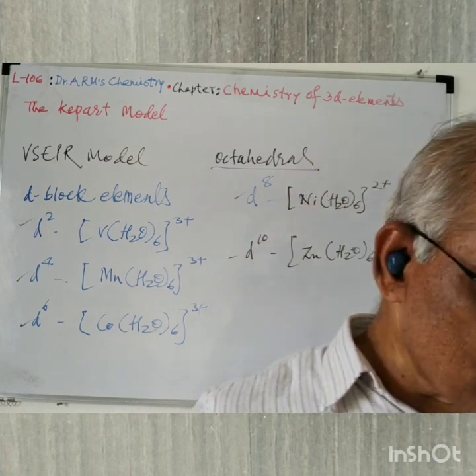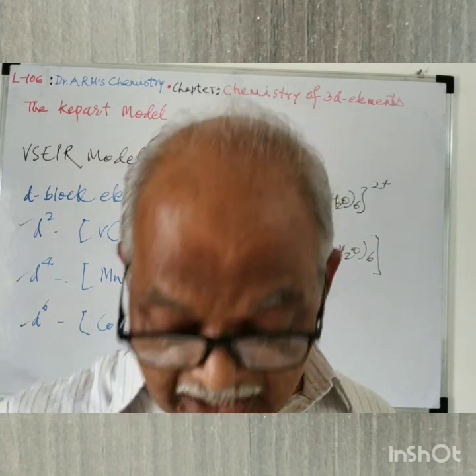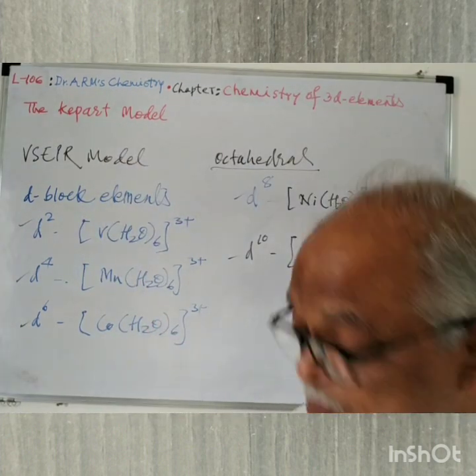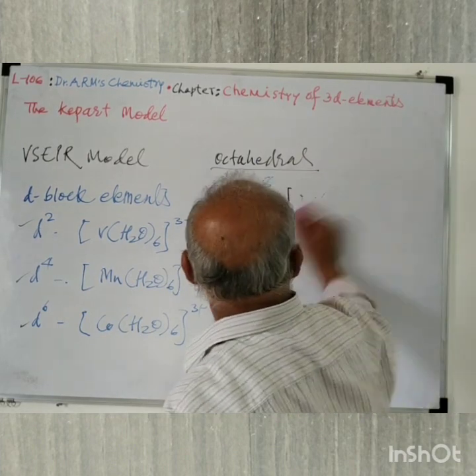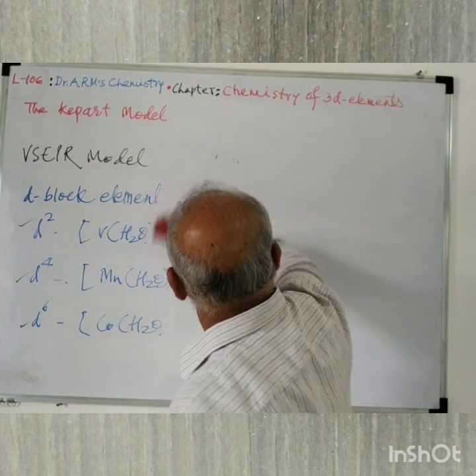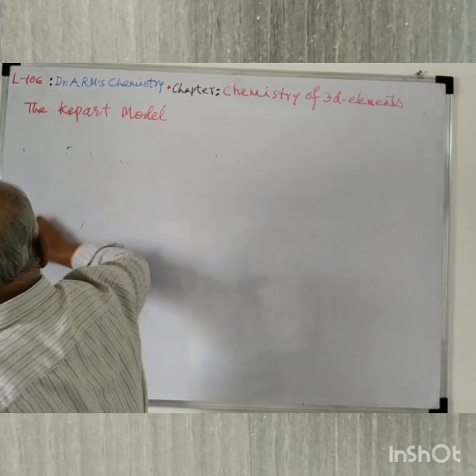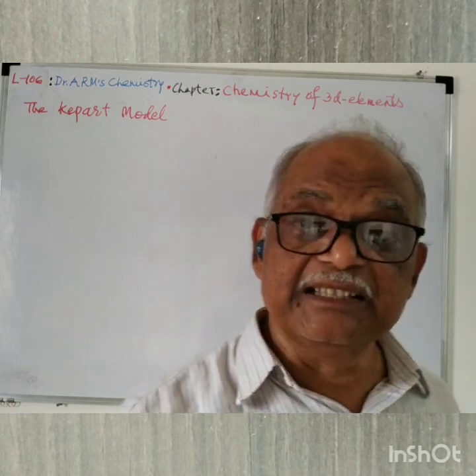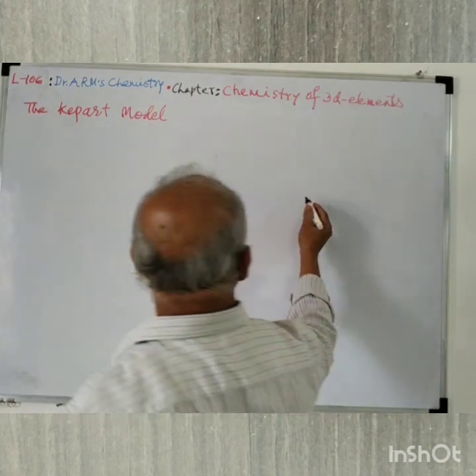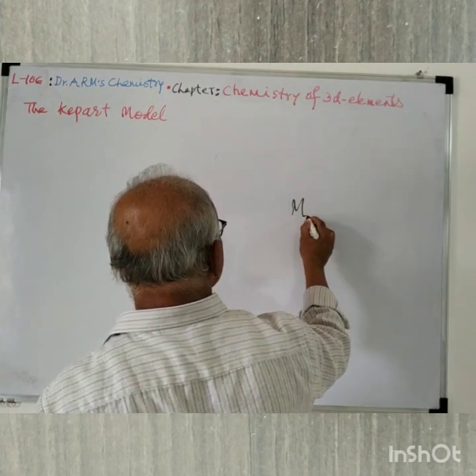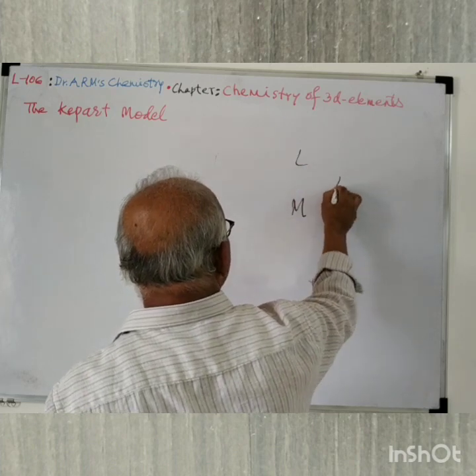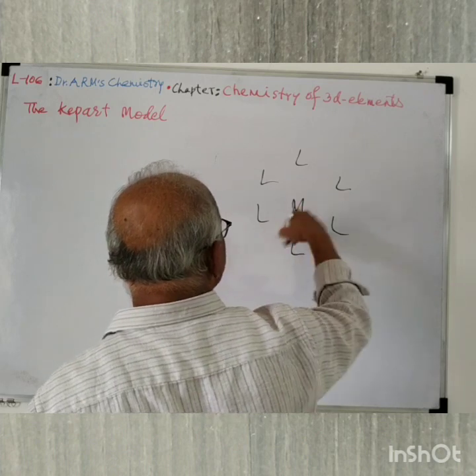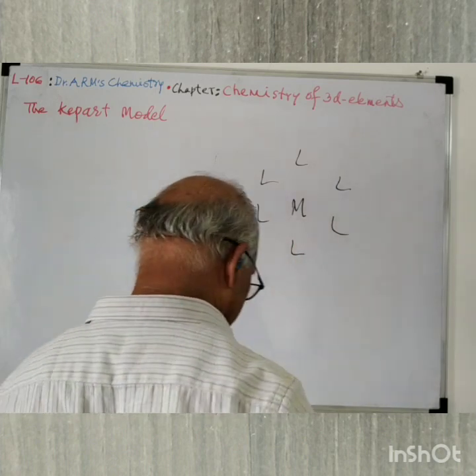The Kepart model shows that the complex has the metal ion at the center, and ligands occupy specific positions around this central metal ion.